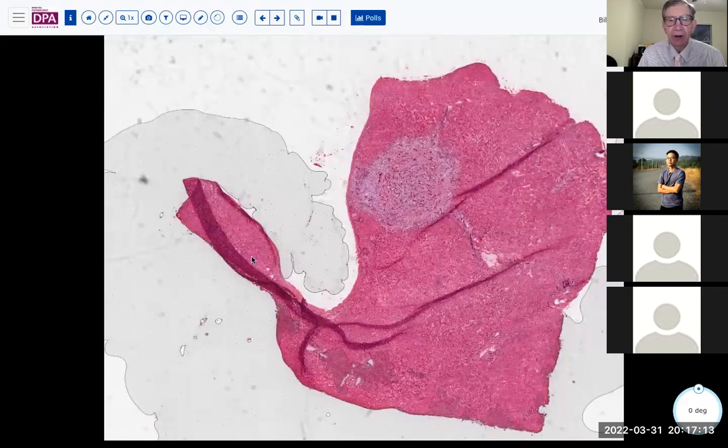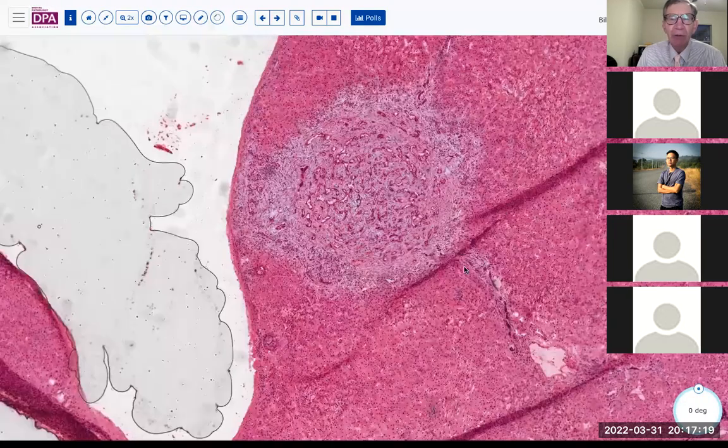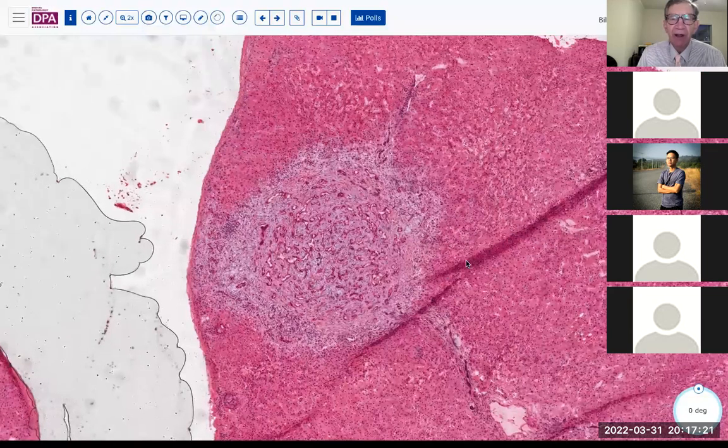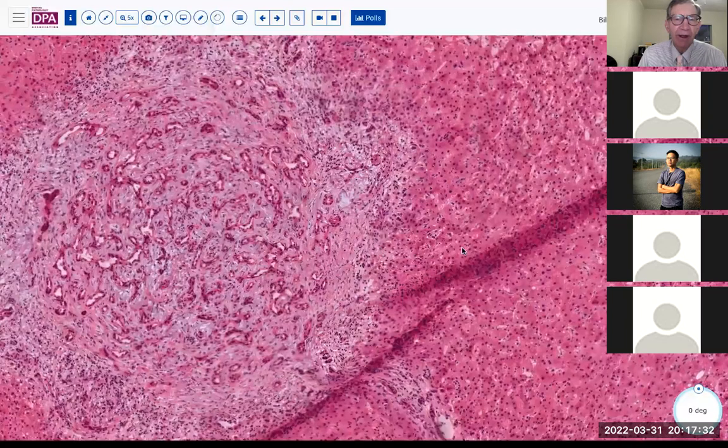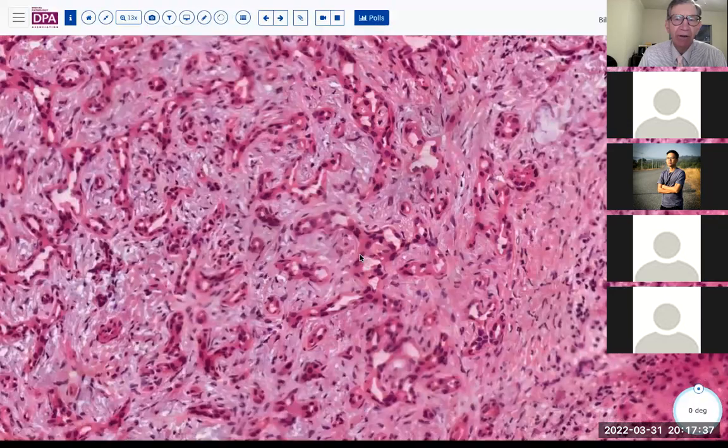So here is a fragment of liver. This is a frozen section done in our laboratory. And we learned a lot from this case because the pathologist who looked at it first made the wrong call. This is a patient who was known to have pancreatic adenocarcinoma. And so we honed in on this rounded nodule here.